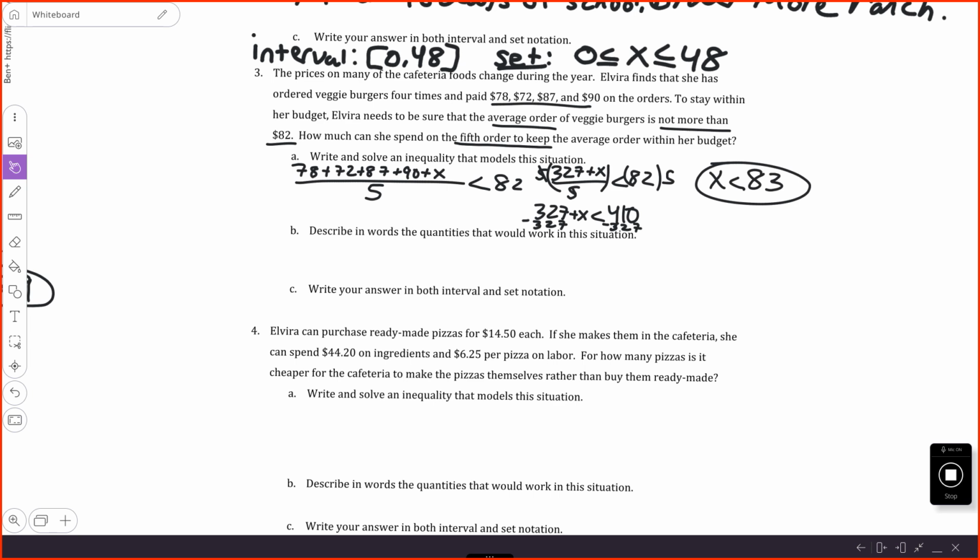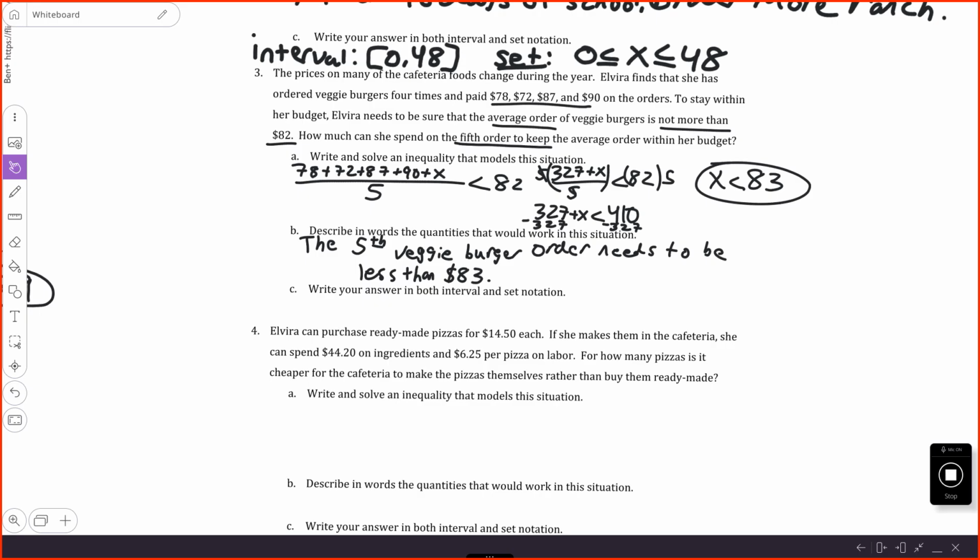So in words, the 5th veggie burger order needs to be less than $83.